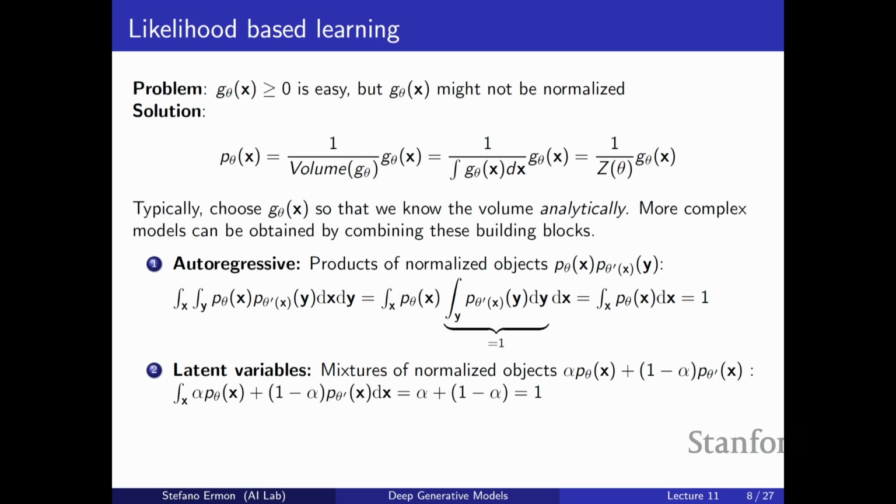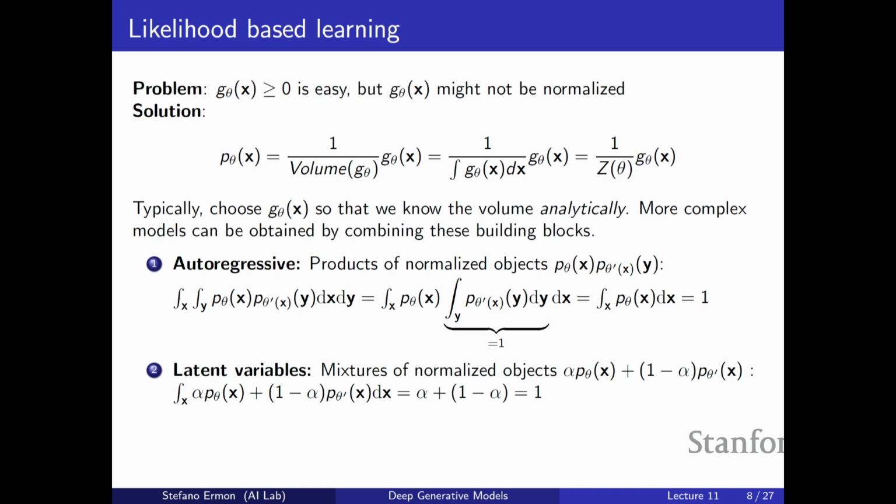Because if you integrate it out, the first integral evaluates to alpha because p theta is normalized. The second integral evaluates to 1 minus alpha because p theta prime is normalized. So again, you get an object that is normalized.